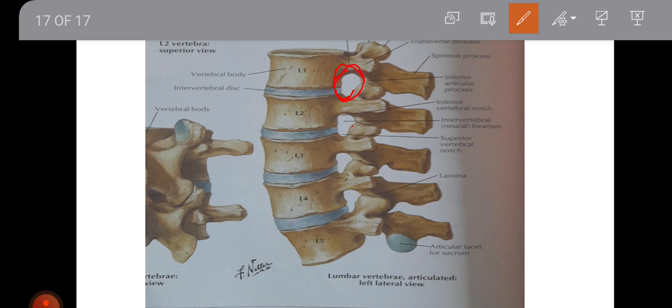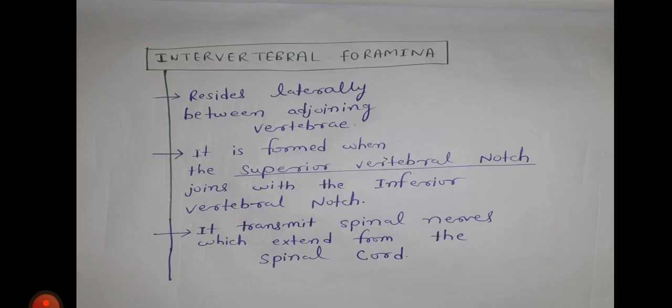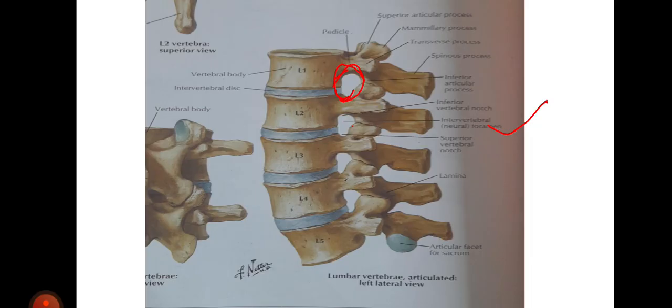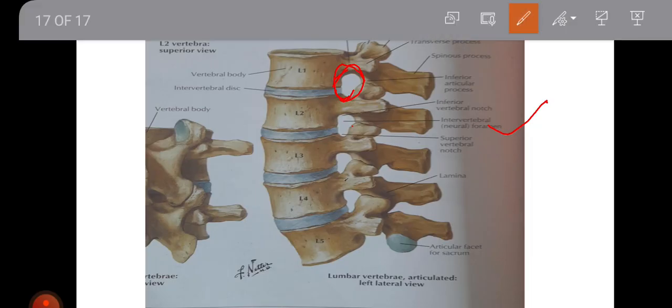This foramen is called intervertebral foramen. What structures pass through this intervertebral foramen? Through the intervertebral foramen, spinal nerves pass, which you learn in the nervous part. So through this foramen, the spinal nerve will come like this.